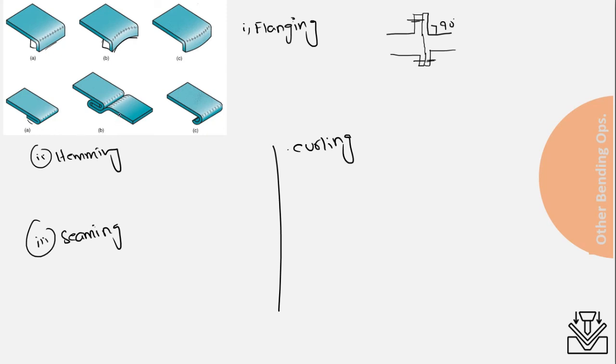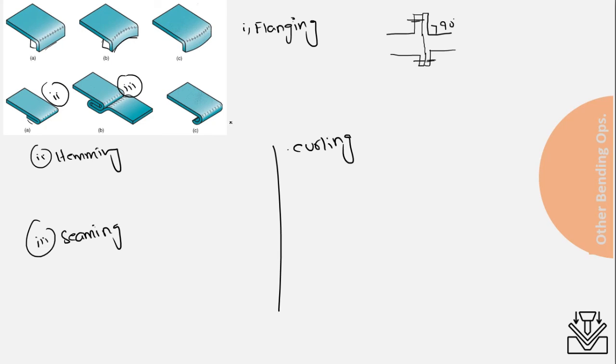The third one, known as seaming, is a somewhat related operation in which two sheet metals are assembled like this. They are joined along a line. They are assembled by mechanical bending. That is known as the seaming operation. That is a bending operation.